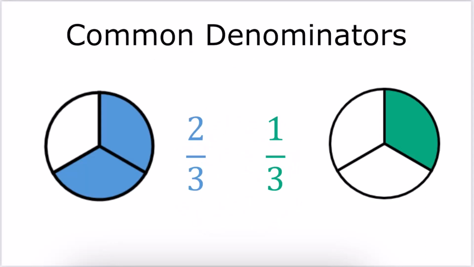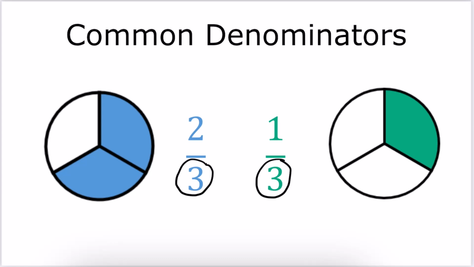So if you have two fractions that have common denominators, that means that the wholes are cut up into the same number of pieces, which means that the size of the pieces are the same. So in this case, because we have denominators of 3, our wholes, which I'm choosing to represent with area models that are circles, but you could use other models, are split up into 3 equal pieces.